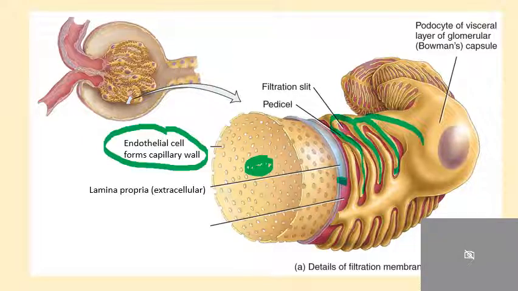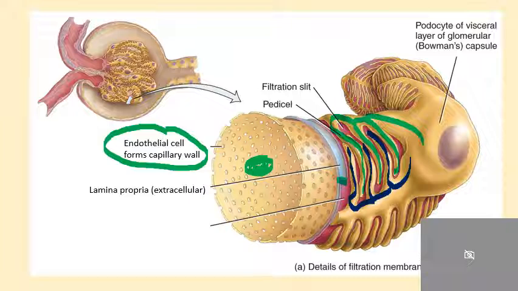And these pedicels, they interdigitate. Let me choose another color. We'll pick blue, and I'll highlight the interdigitating pedicels. And so we have some pedicels coming from above and some pedicels coming from below, and we have this overlapping, interleaving, interdigitating pattern.